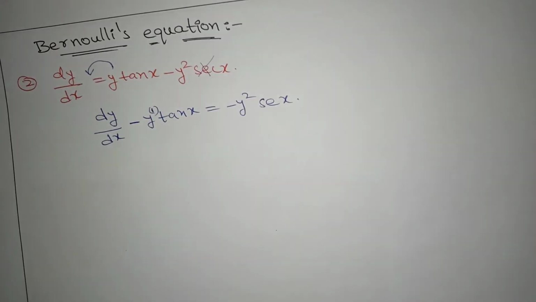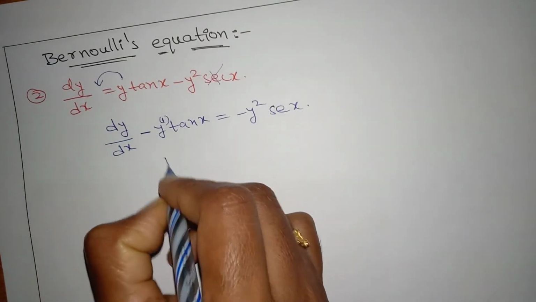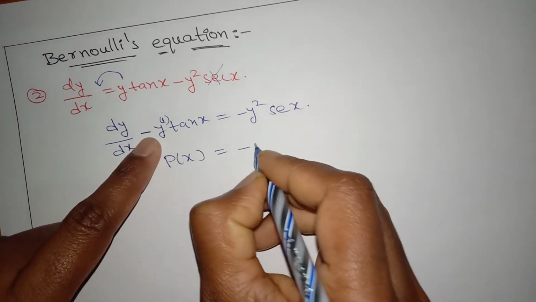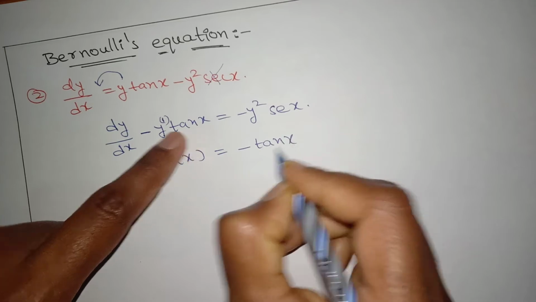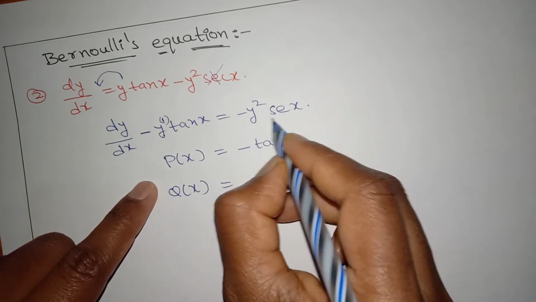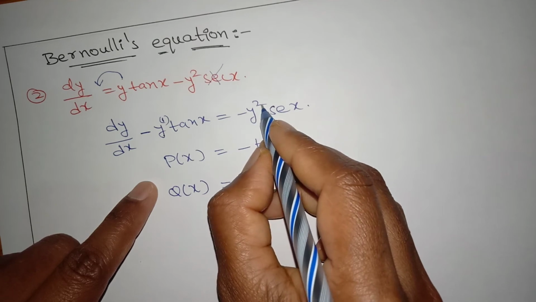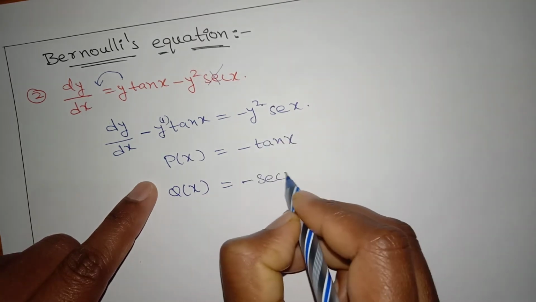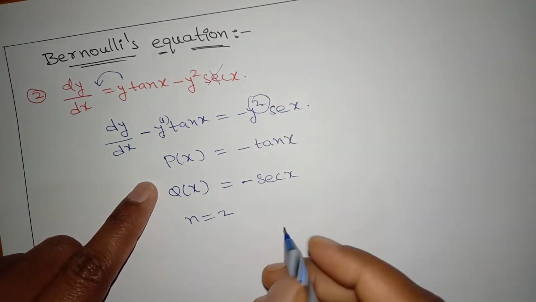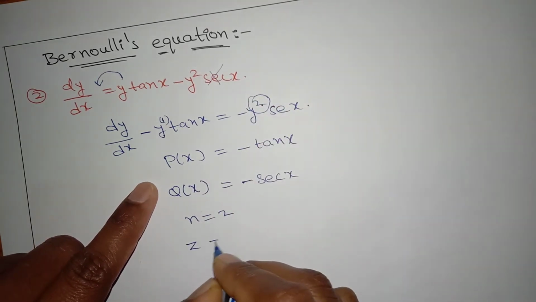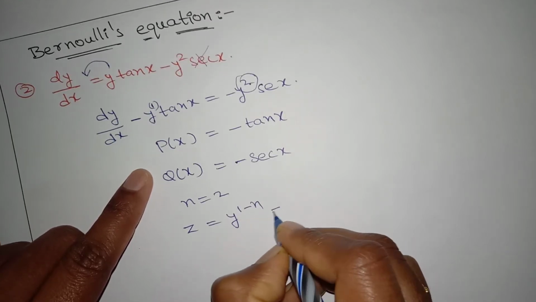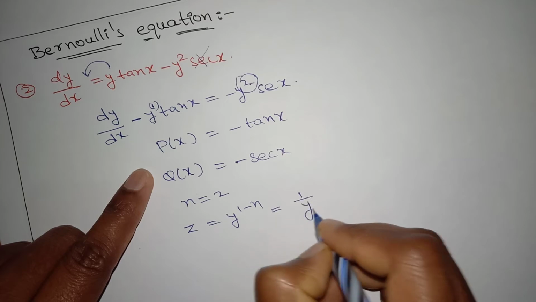Okay. So from this equation, p of x is the coefficient of y, which is minus tan x, and q of x is the coefficient of y power n, which is minus secant x, and n is 2, y power n is y square, and z is y power 1 minus n, which is 1 by y.